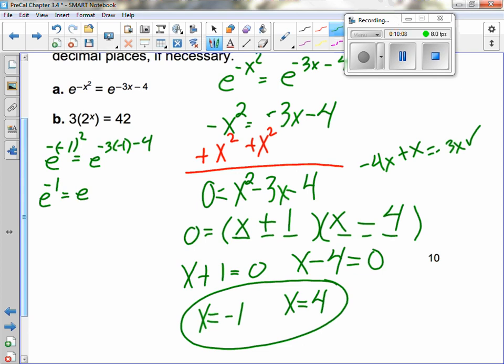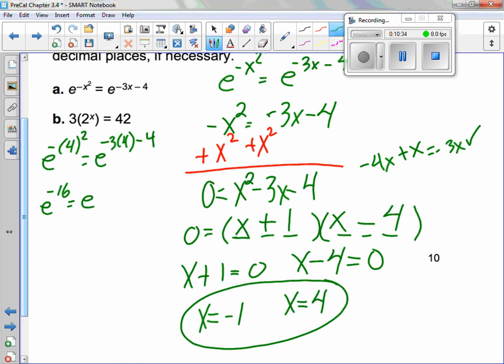Now, negative 3 times negative 1 is positive. Minus 4 is. We're good. Okay. Now 4, well, that'd be e to the negative 16. Well, negative 3 times 4 is negative 12. Minus 4 is, we get the same value. So it works either way.